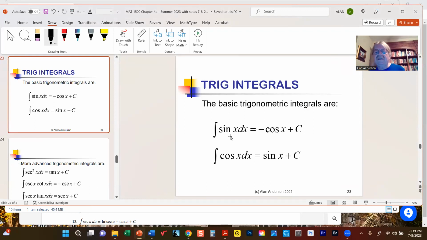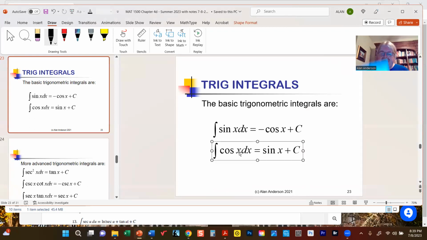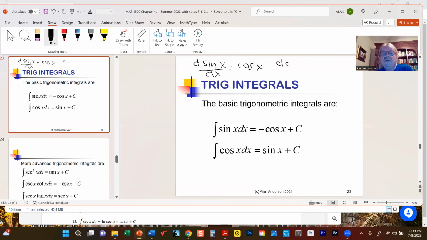By the way, why is this? Let's just think about this for a minute. You might remember from earlier in the book, the derivative of sine x is the cosine of x. The derivative of the cosine of x is the negative sine of x. Remember, these integrals are antiderivatives. You're essentially reversing what we're doing with derivatives.